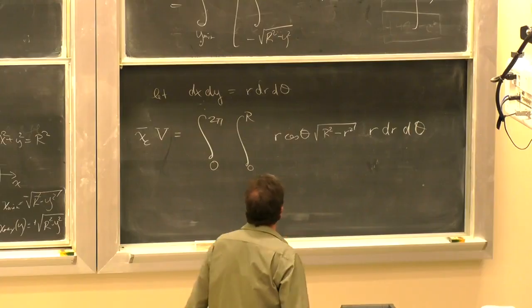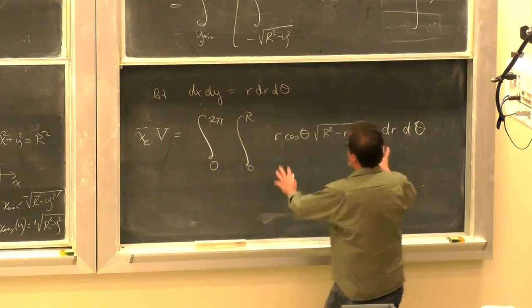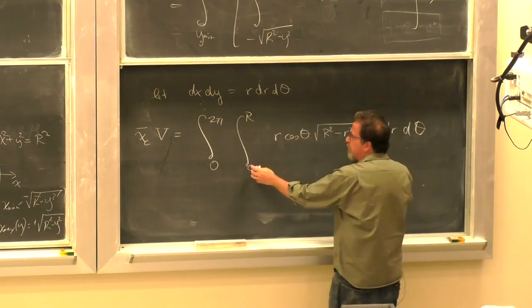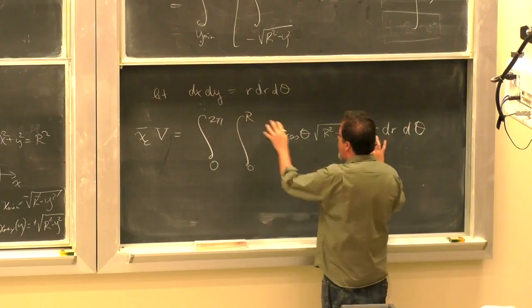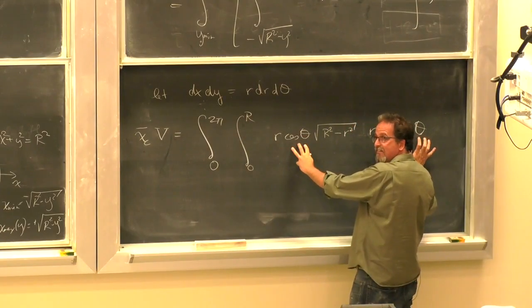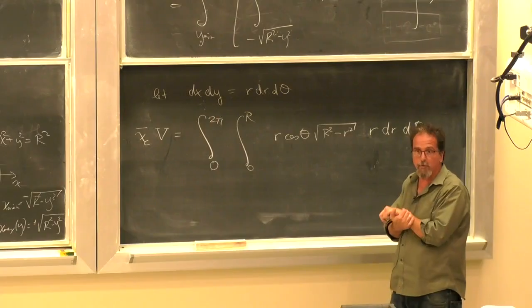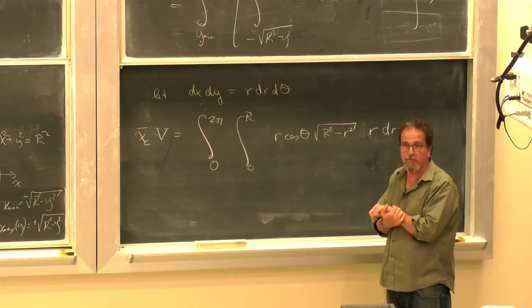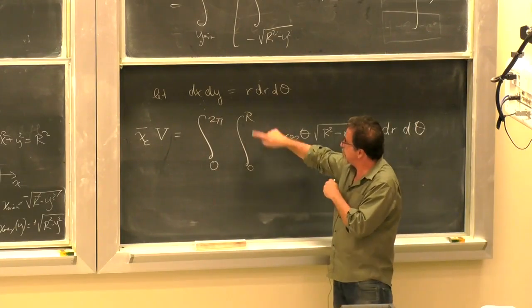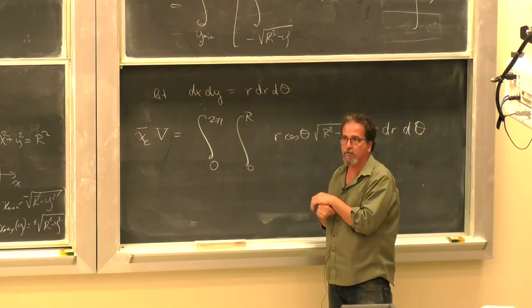Now look at this integral. This has r stuff from 0 to some constant R, and then it's got θ stuff. So just do the θ integral first. Change the order of integration, right? You can just swap the order of integration and do the θ integral first, because this doesn't depend on θ, and this doesn't depend on r.